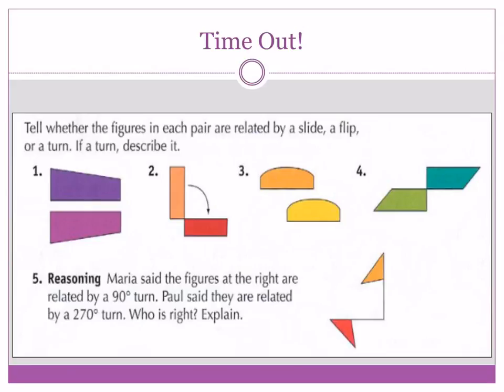So Maria, let's say that the orange flag standing straight up is the original. Okay, that's the pre-image. So Maria turning it 90 degrees would mean, how is she turning it? Counterclockwise, right? She's turning it counterclockwise. Is everybody good with that? Maria is counterclockwise, turn 90 degrees. If we are doing Paul, what's Paul doing?